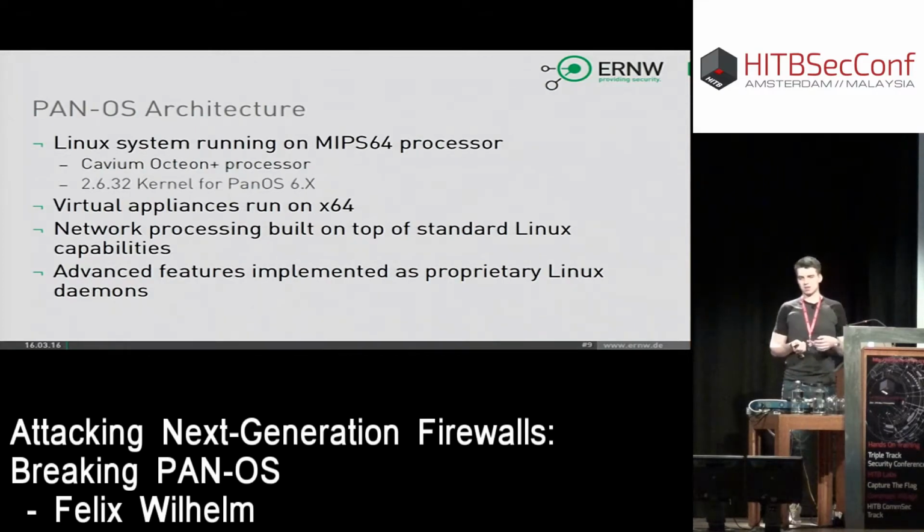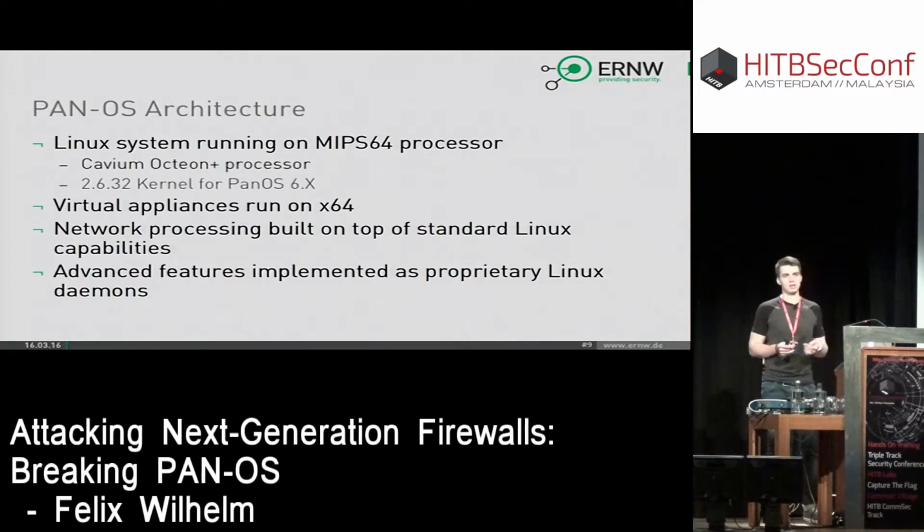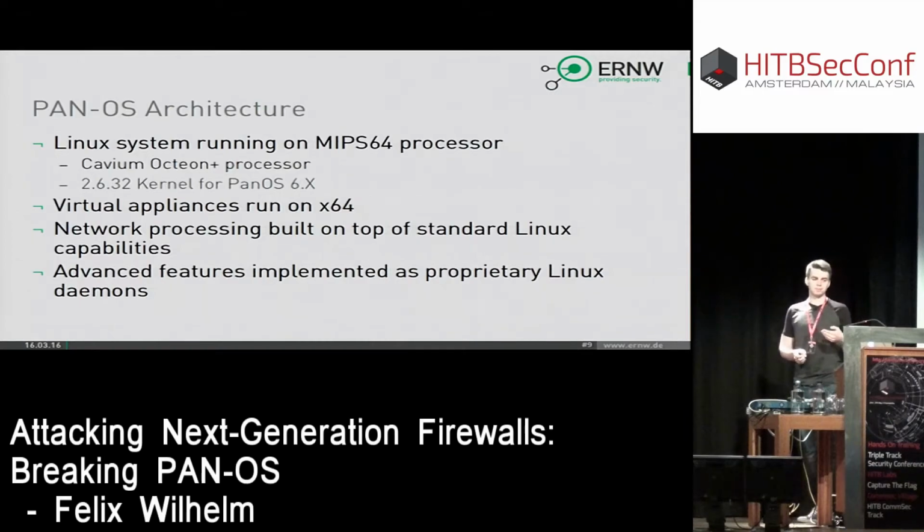Palo Alto also offers this as a virtual appliance, which is interesting because, of course, the virtual appliance doesn't run on MIPS, it's running on x64. So the whole PANOS software stack has support for multiple different architectures. If you look at how they do the basic firewall stuff, like basic filtering and NAT, it's all implemented on top of standard Linux capabilities, the standard Linux network stack, which from a security perspective is actually a good idea because the Linux stack is really battle hardened, so you won't find anything too horrible in there.